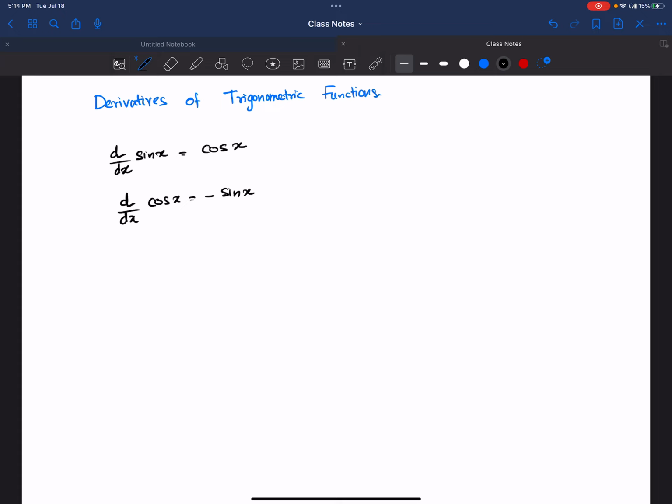Of course, we can prove this from first principles, using limits, but I'm not going to do this in this video. Perhaps in another video to show how this is derived. If you want to learn that, check out my other videos, or you can find the proofs in any textbook.